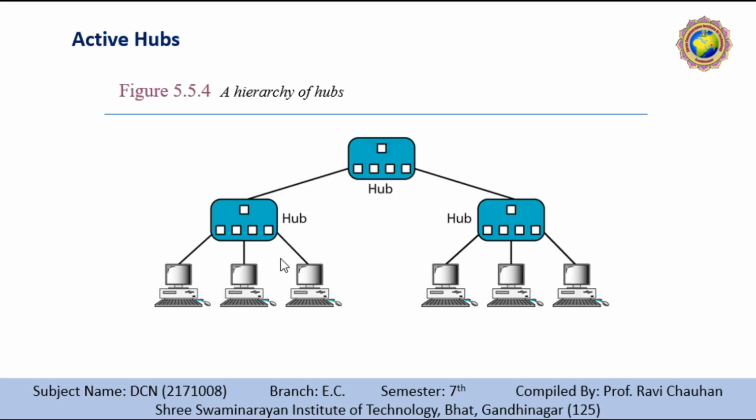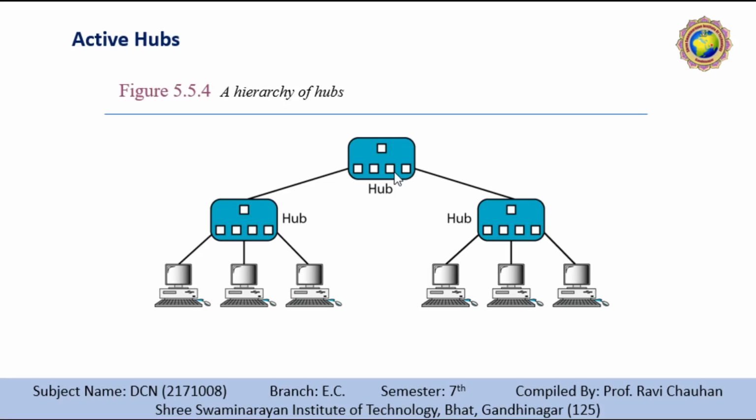Next is active hubs. An active hub is actually a multi-point repeater. It is normally used to create connections between stations in a physical star topology.